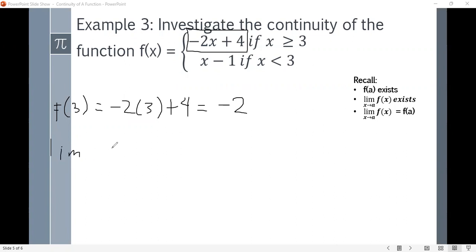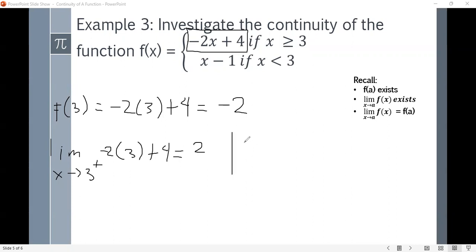So, the limit of f of x, try ko muna yung x approaches 3 from the right. So, galing kanan, so greater than 3. Gagamitin ko pa rin ulit yung negative 2x plus 4. So, meron tayong negative 2 times 3 plus 4, which equals po kay negative 2. Paano naman kapag from the left?